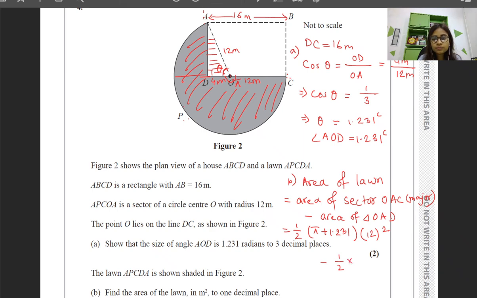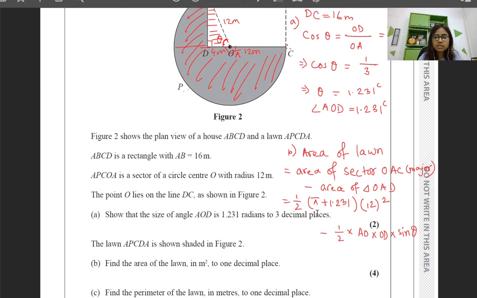So half into OD into AD. Or if you don't want to use that, we can use the angle. Suppose we can use half AB sine theta. So that is half into AO into OD into sine of theta. Either way it's correct. It completely depends which part is easy for you.